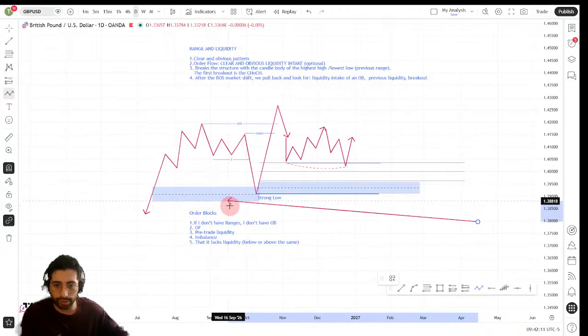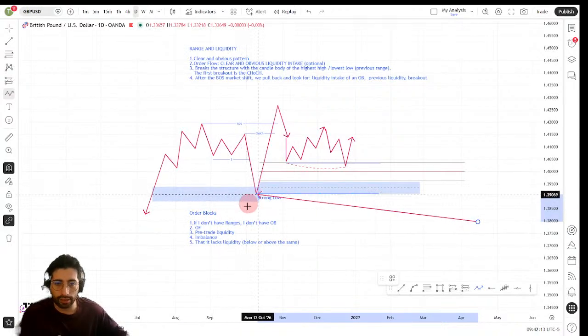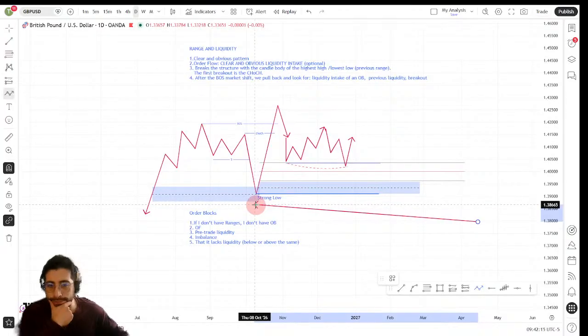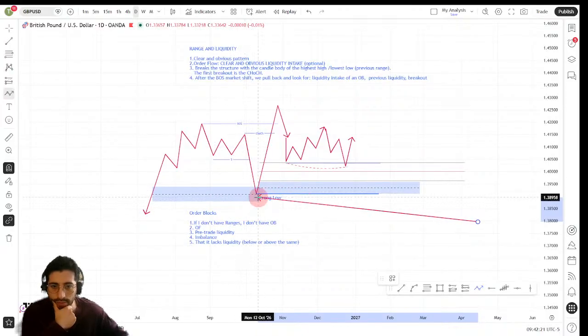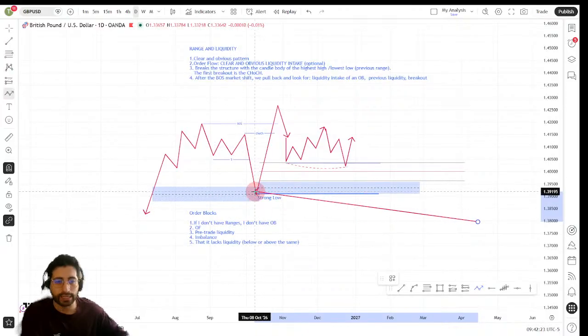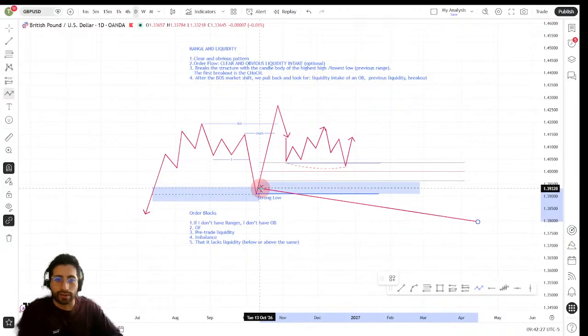Ideally, in this example, below this order block there's no liquidity, so there are not multiple candles or a lot of retracements prior to this order block, because if there were, it would make this order block "invalid," in quotations, because it can work, or it may work, depending on the reaction.